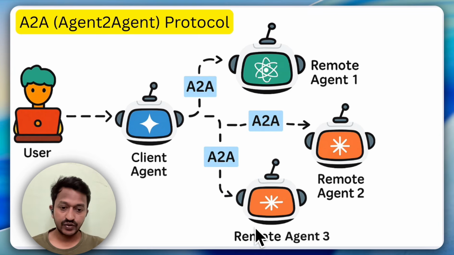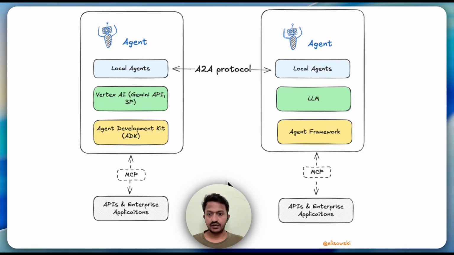That's about A2A. Even though A2A and MCP might seem different, they are actually designed to work together. Even though they address different aspects of AI integration, they can complement each other. As you can see in the diagram, MCP connects LLMs or agents to tools and data sources, kind of a vertical integration.